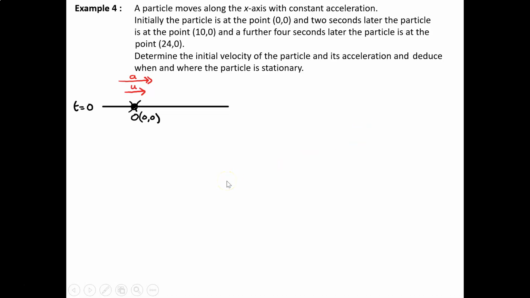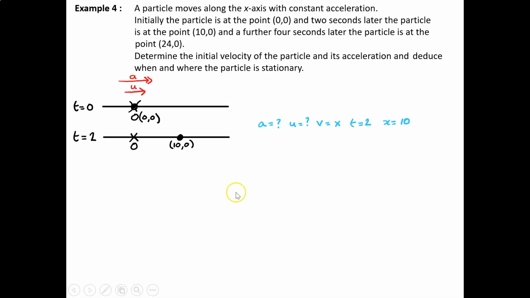So we're moving in a straight line. At time t equals 0, it's at the point 0. It's moving with velocity u and it's got acceleration a. At t is 2, we're at the point 10, 0.